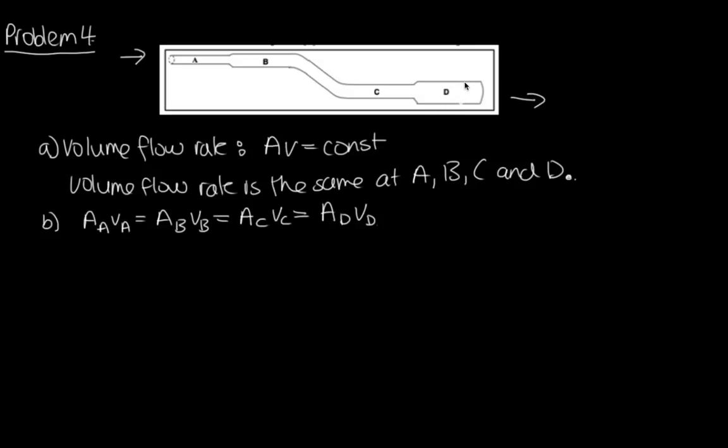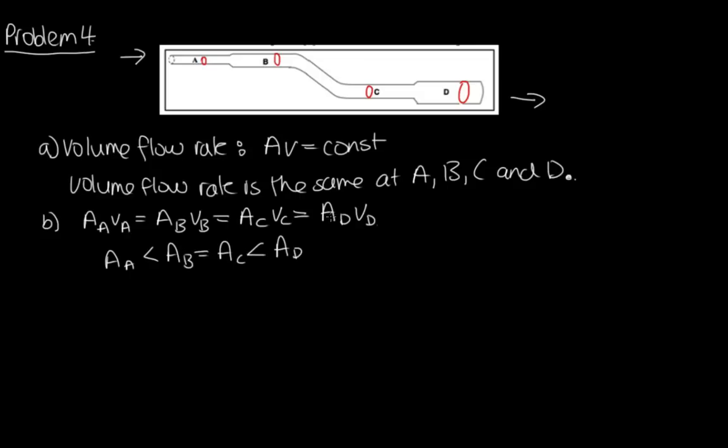So cross-sectional areas are just the surface area of the pipe if we were looking from the end. The surface area at C and D is the same, and A is the smallest. So we know that the area at A is less than the area at B, which is equal to the area at C, which is less than the area at D.